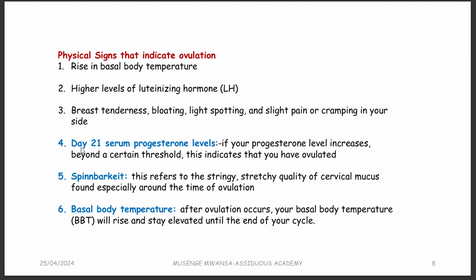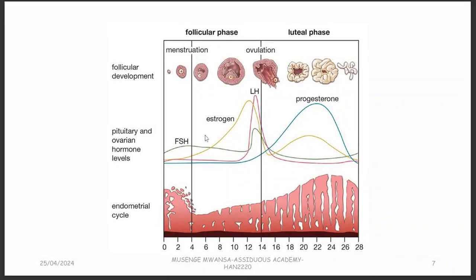There is also what is known as the day 21 serum progesterone. Look at what happens here. Progesterone is not really high on the 14th day, but after the 14th day, progesterone is high because progesterone is preparing for implantation.